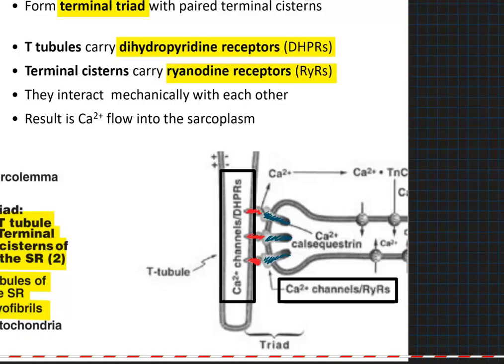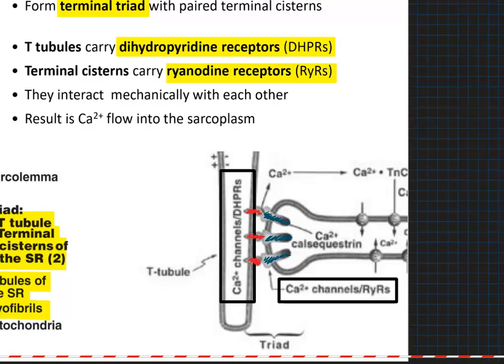Now, it's not going to be a secret for you folks that muscle contraction effectively starts with an electric stimulus, right? You know that if you get electrocuted, your muscles are going to contract, right?